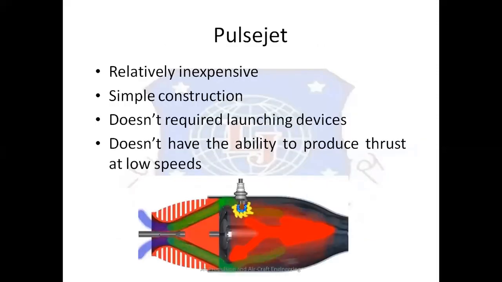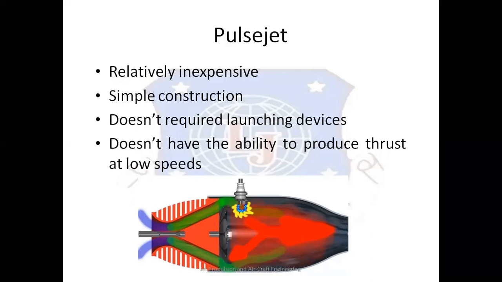Now let's go through a couple of important advantages and disadvantages of the pulse jet engine. The first advantage is that it is relatively inexpensive. If you compare with the jet engine, it is relatively inexpensive. Second, it's simple in construction since it does not have any rotating parts.